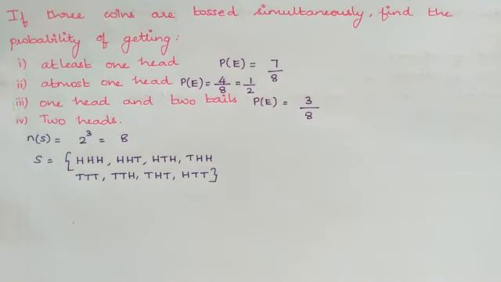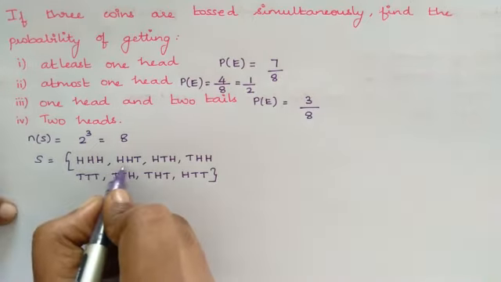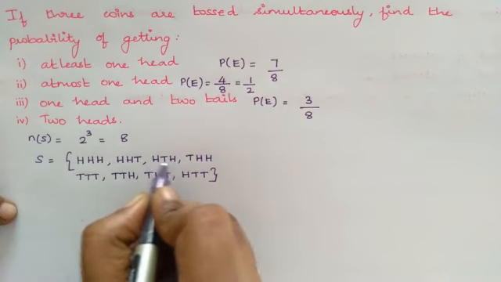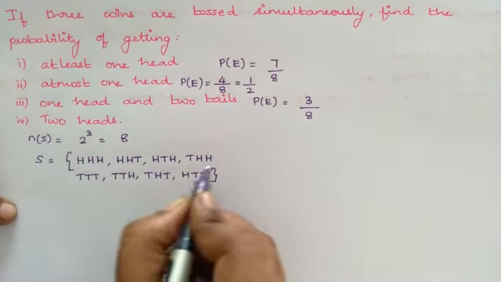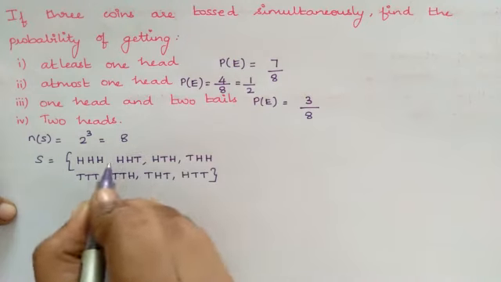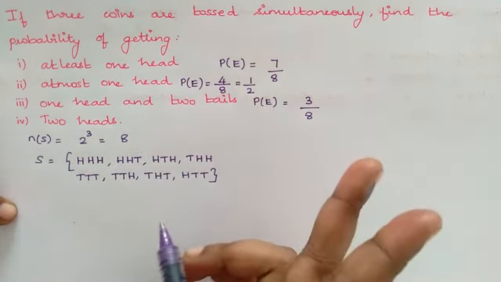Okay. Next, two heads. Just two heads alone we should take here. Here you shouldn't take three heads for count. Only two heads wherever we get. That becomes the favorable outcomes here. So two heads, H. Two heads, H. Here also two heads, H. So these three are the possibilities where we are getting two heads.